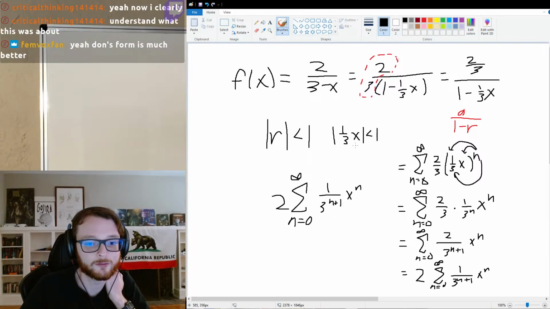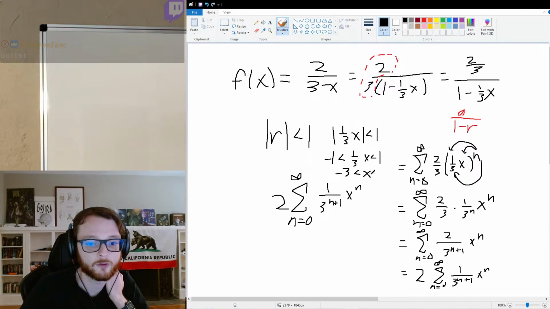And we can break the absolute value out into 2 inequalities, like -1 is less than 1/3 x is less than 1. And then you multiply this through by 3 to get rid of the fraction. So -3 is less than x is less than 3.